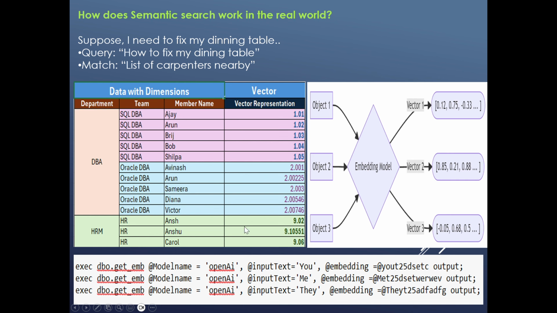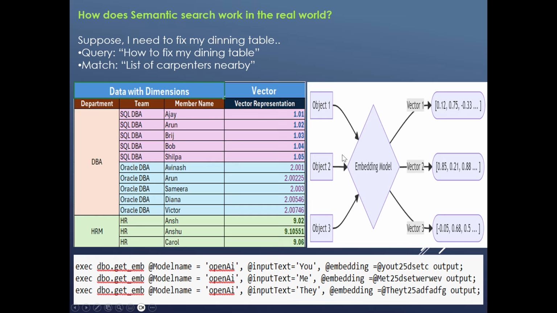Similarly, if I use AI embeddings, suppose I created some procedure and I ask AI to create an input. Suppose there is a word: you, me, they, anything, correct? So I ask it to give me an embedding for "you". It will give me a long embedding which I put in my database.